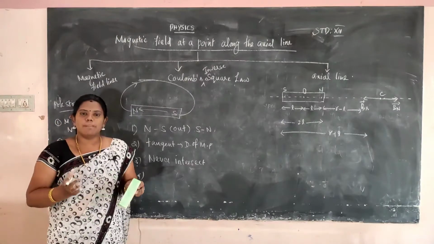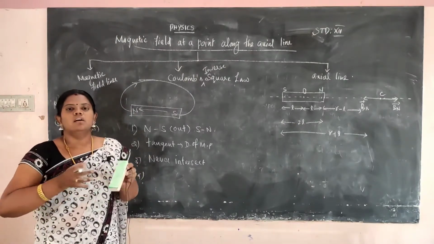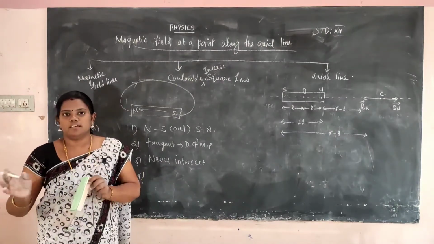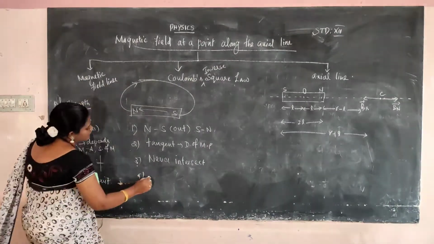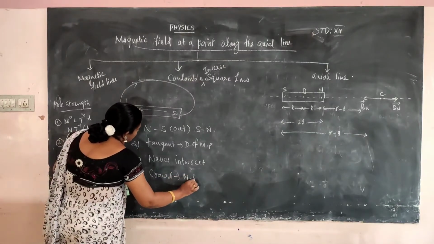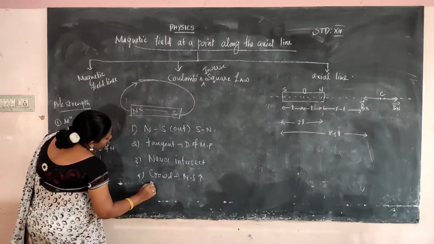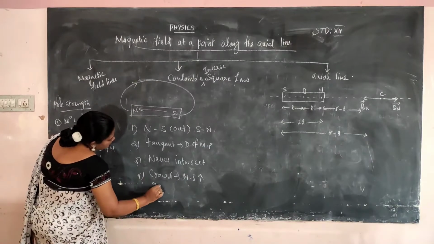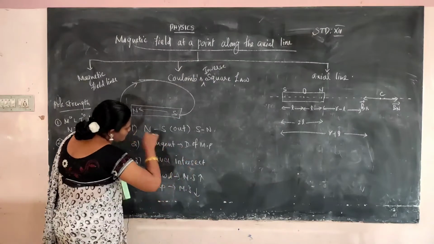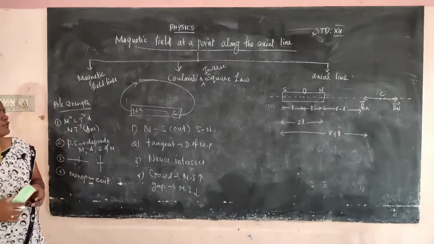Where the lines are loose, with gaps between them, the magnetic field strength is weak. Crowded lines mean high field strength, and gaps mean low strength. So there are four points.